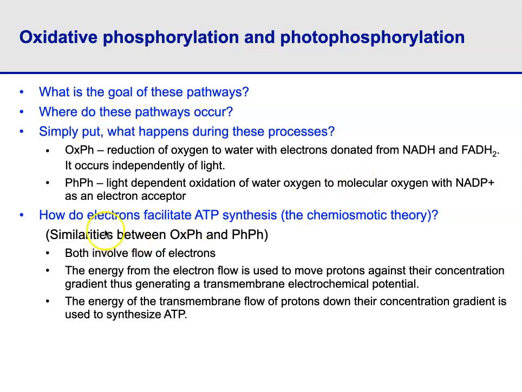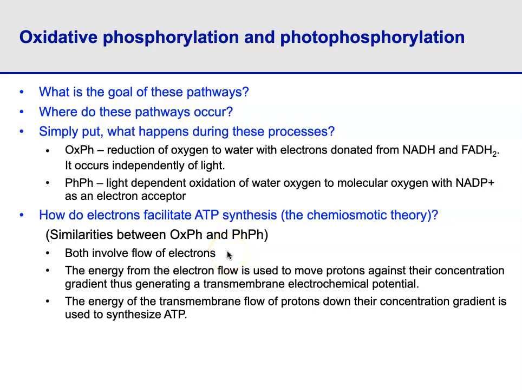So how do electrons facilitate ATP synthesis? This is also known as the chemiosmotic theory. The way the electrons provide the energy for these processes to occur is actually quite similar between the two pathways. They both involve electron flow.